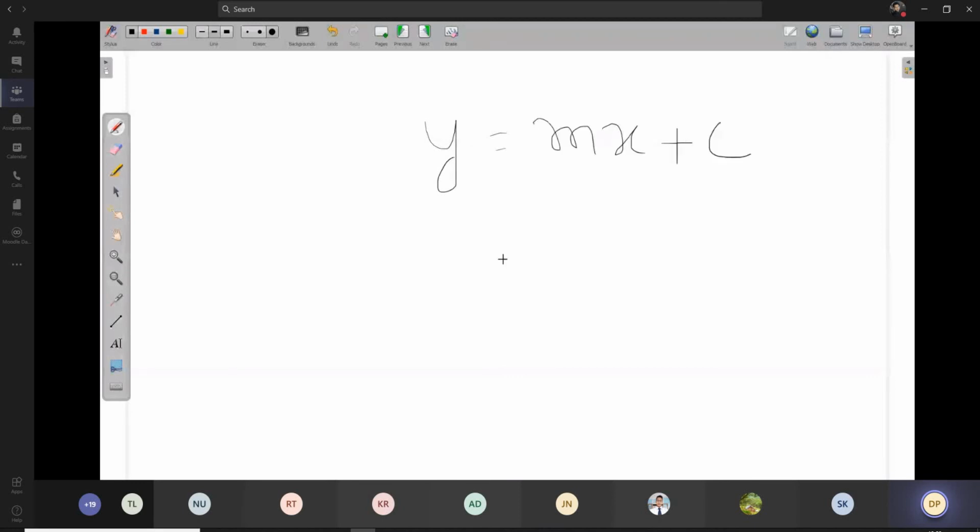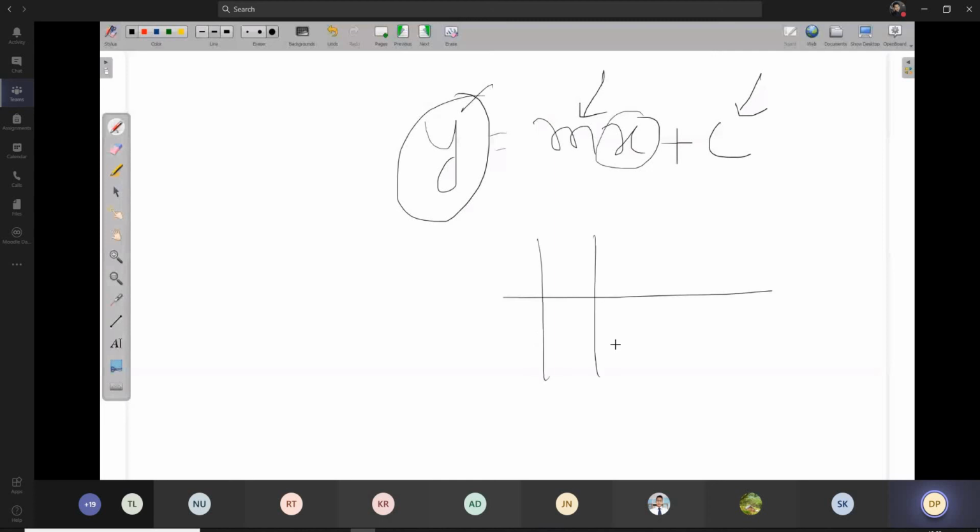This is the equation of a straight line. Now how do we find the constants c and m? We might have some values of y and x. Suppose from some analysis we got some x value and y value.